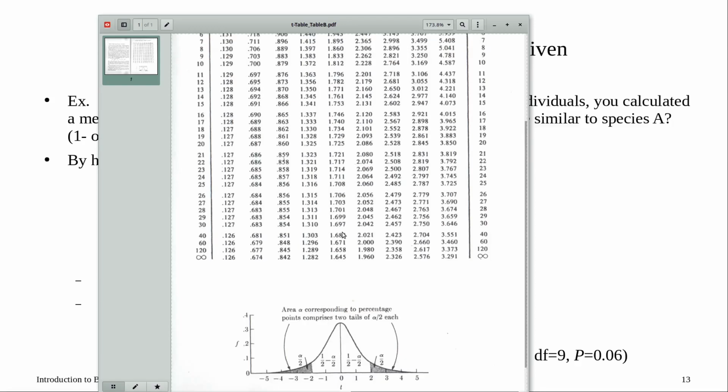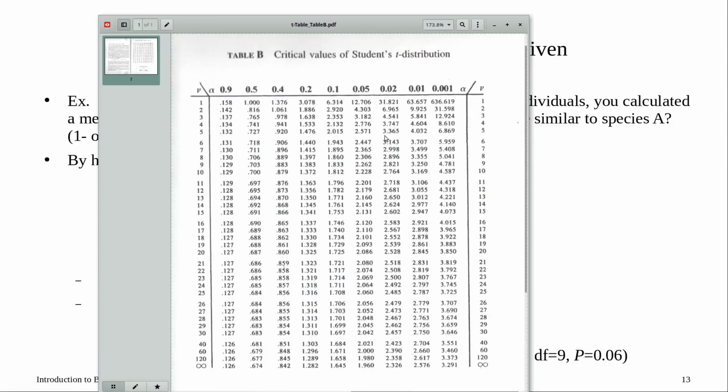We know it's greater than 0.05 because our value was less than our t-critical value. What we could do is compare our observed value to the values in this row. Because our value falls between these two values, the 1.833 and the 2.262, I know that my p-value is going to be between 0.05 and 0.1.